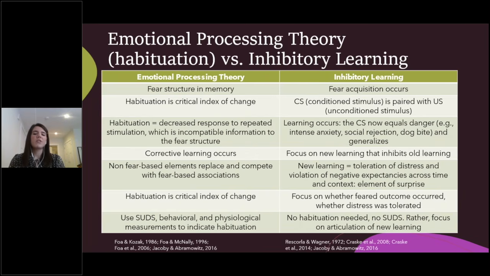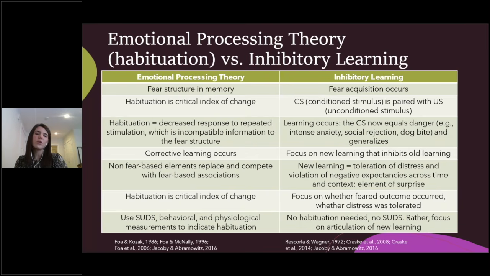So the focus here is on new learning that inhibits old learning. The new learning that we focus on in the inhibitory learning model is a toleration of distress and a violation of negative expectancies across time and context, and also an element of surprise.